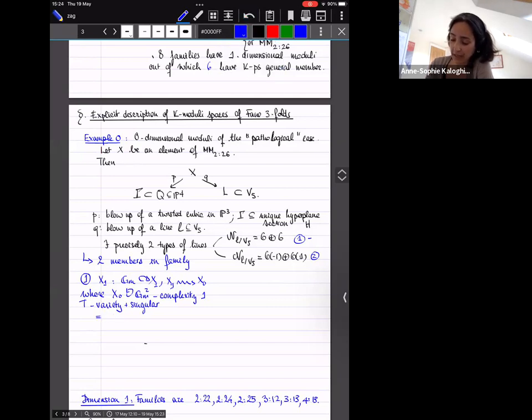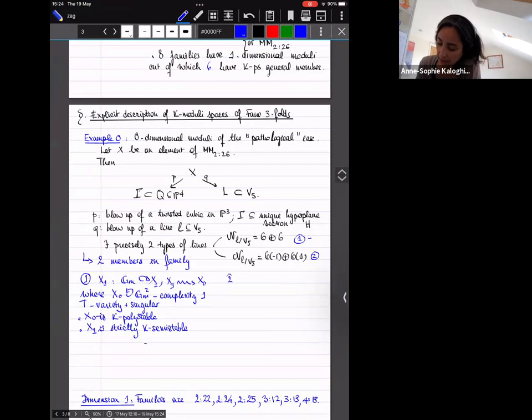Before I say this, I should say as well that we can show easily that X0 is K-polystable, because there are some almost combinatorial criteria for complexity 1 T-varieties. And it follows that X1 is strictly K-semistable. It is K-semistable because it has a degeneration to a K-polystable Fano variety, but it is strictly K-semistable because it is not isomorphic to this variety.